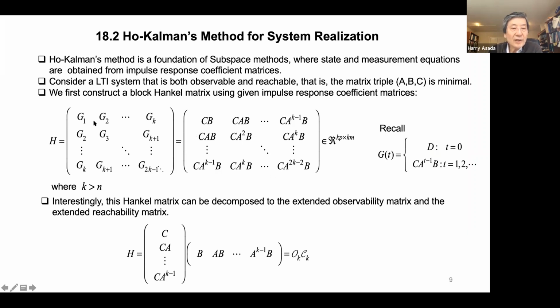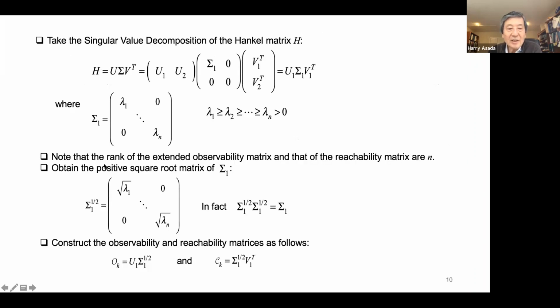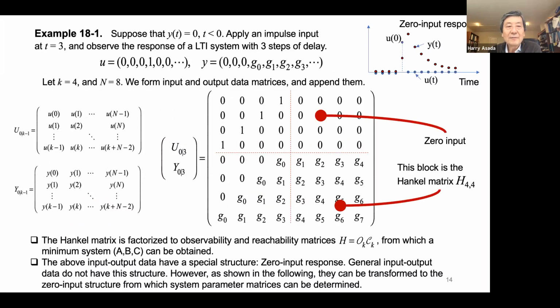The example I talked about is a single input, single output, so I use the lowercase g. This is multi input, multi output, so I use the capital G. So G1, G2, G3, right? And we see the same pattern in here. Look at this, G1, G2, G3, G4. So this is a Henkel matrix.